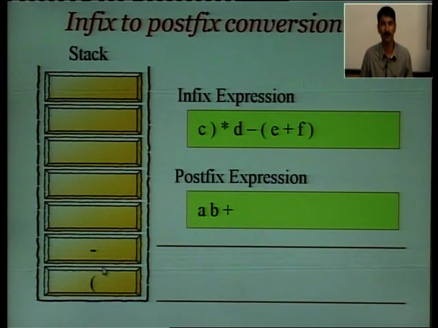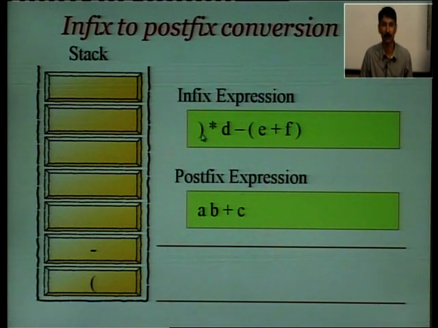Comparison of operators: if it is of greater or equal priority, pop it, place it on the output list and get the incoming operator on the stack. We have the next symbol as C, C is an operand, it goes to the output list.